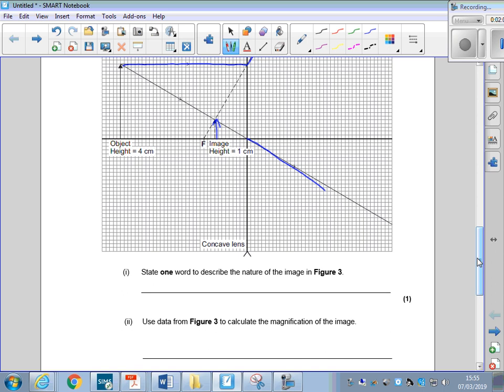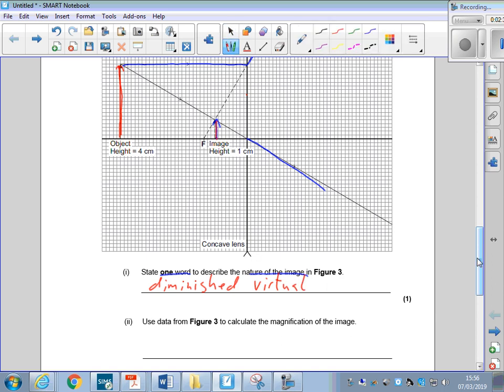Okay, so we need one word that describes the nature of the image, and we've got a choice of 3. We can say that actually the image here is smaller than our original object. So we can say it is diminished. We can say that also it's on the same side. Here and here, these are on the same side of the lens, and that means that our image is virtual.